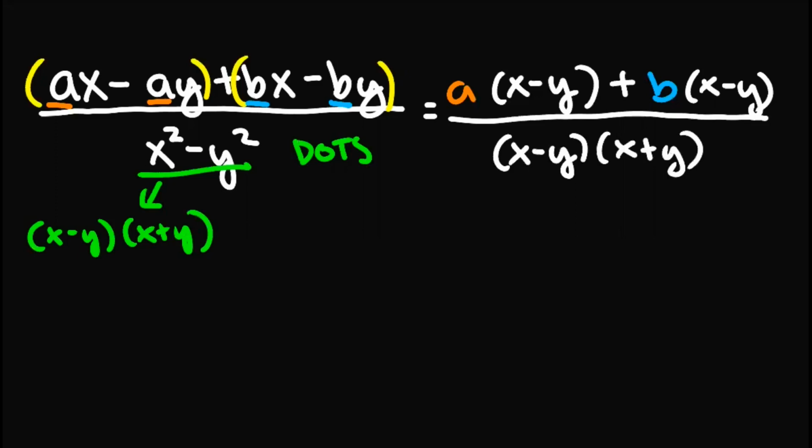Now from here, since we have an x minus y out here and x minus y out here, if we can treat this as one variable, we can factor this one out.